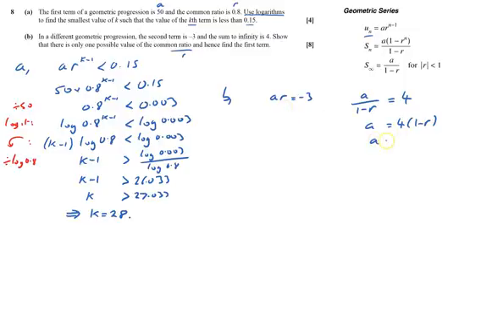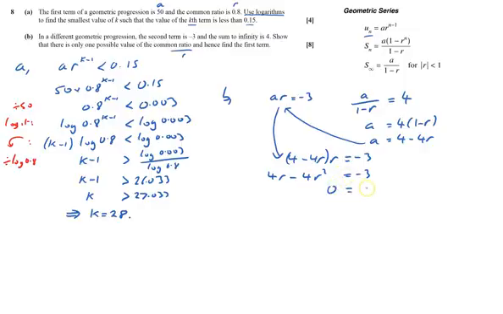I don't like that, so I'm going to put down A equals 4 minus 4R, and then I'm going to sub that up into here, and that will give me that 4 minus 4R times R equals -3, and that'll be 4R minus 4R squared equals -3, and I like positive R squared, so I'm going to add R squared to both sides, so I'm going to get 0 on the left hand side, and that'll be 4R squared. I've got to take away 4R from both sides, and that'll be -3 here.